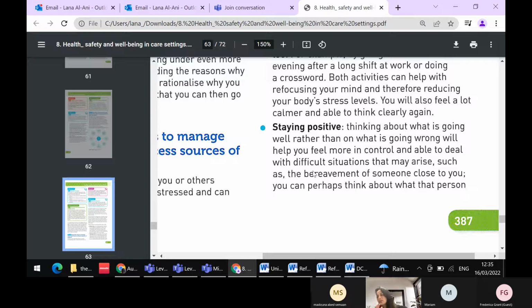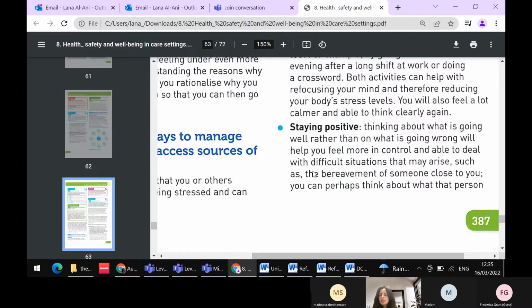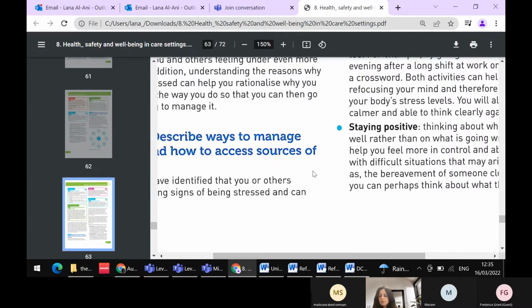Don't focus on the negative things, otherwise you will stress yourself even more. Maybe ask for training, so you cover yourself. Learn how to do things properly, but don't focus only on the negative things. In this way, you can handle difficult situations.